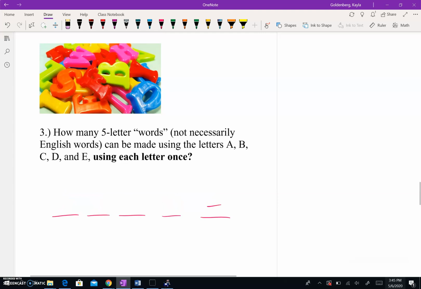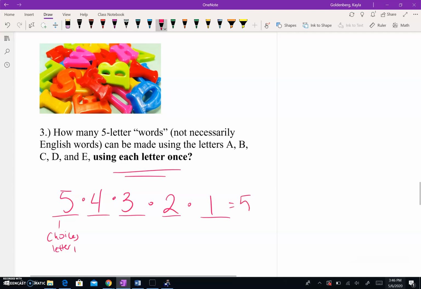So basically, how many different arrangements can I make if I use those letters, and I only use each letter once? So if you think about it, there are choices for letter 1, for letter 2, and so on. You're going to start with 5 options, but because you can only use each one once, they're going to go down by 1 every single time until when you get to the last one, there's only 1 option left.